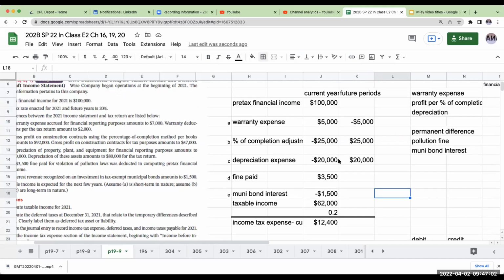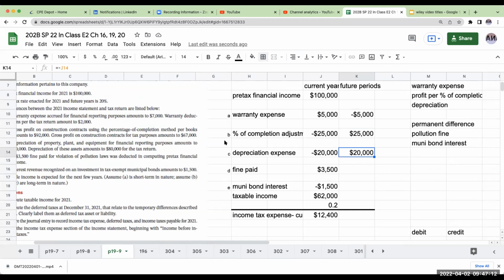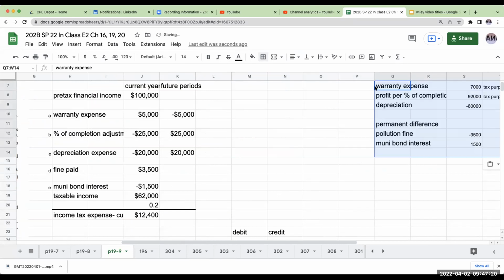Now, the next thing we're going to do is figure out what's happening for the future periods. We've got 5,000 and then we have 45,000. So when it comes to this 5,000, I'm paying more tax on this now, right?